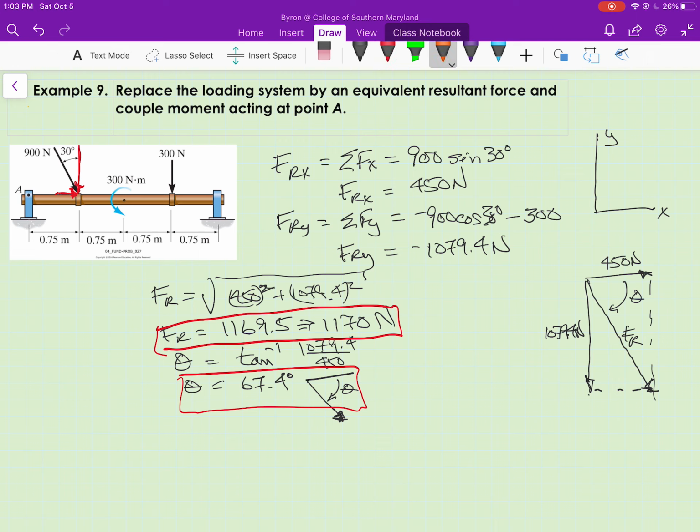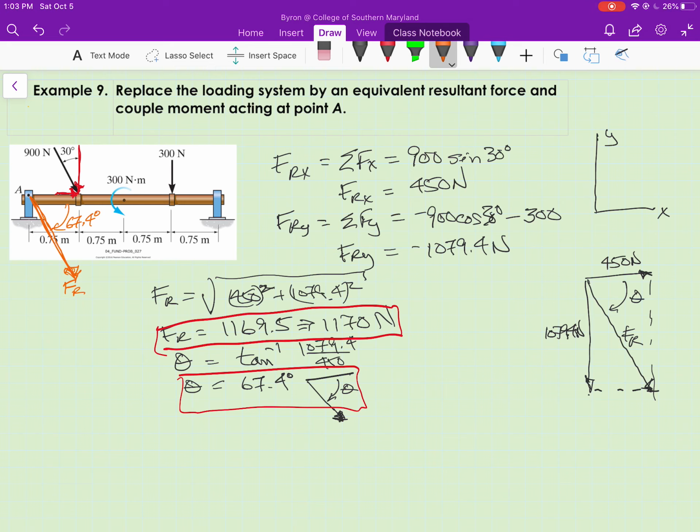So the equivalent resultant force is 1170 acting at an angle here of 67.4 degrees. Okay, so that's F sub R.